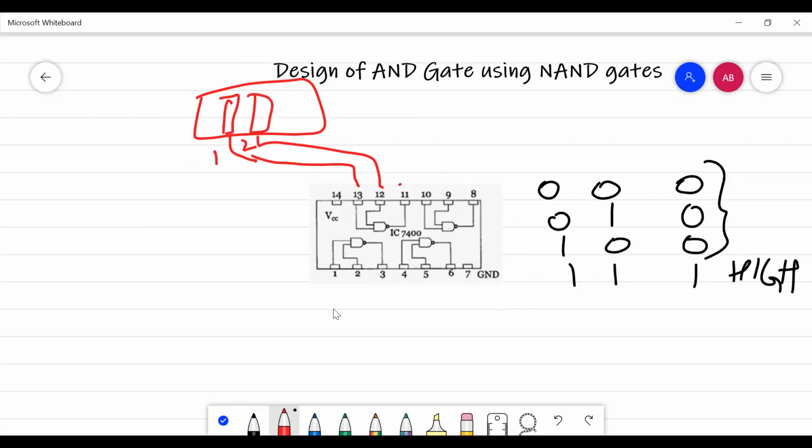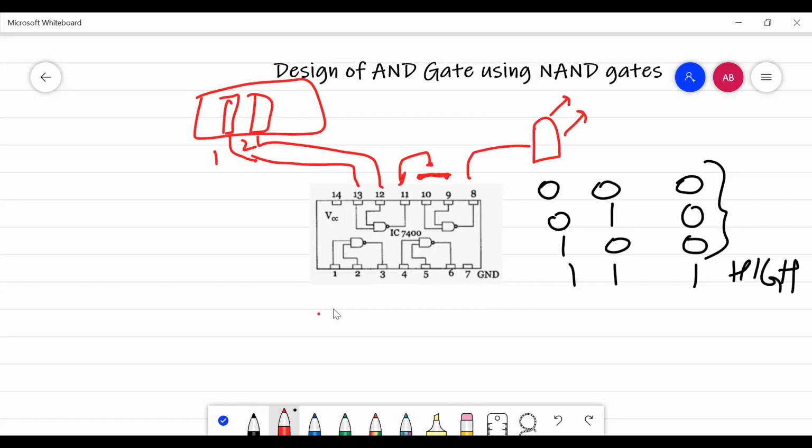Now for the output of this, you are going to short these 2 points, 10 and 9, and give the output here. Because you have connected your 9 and 10, now you are going to connect this 8th pin to your LED, and then check the outputs. Hope it's clear.